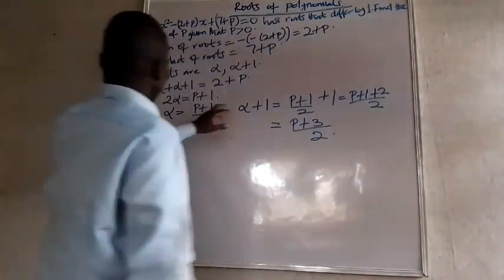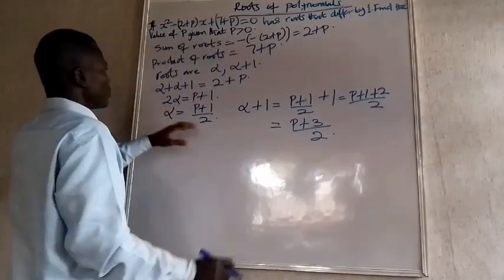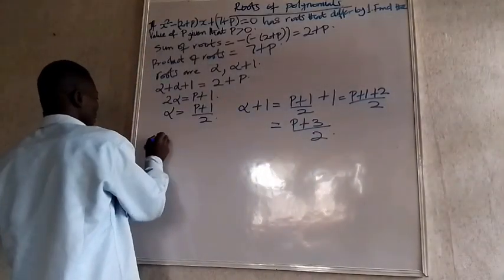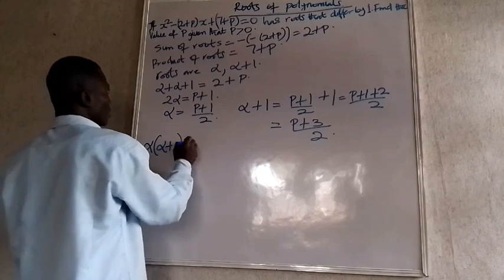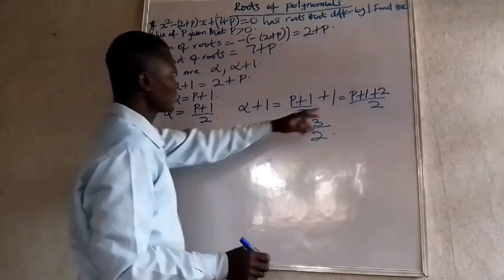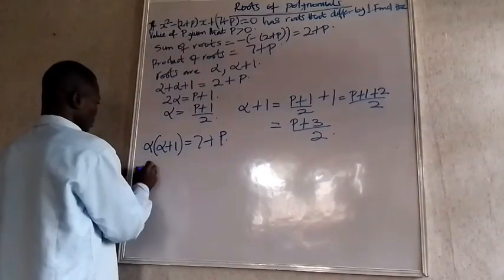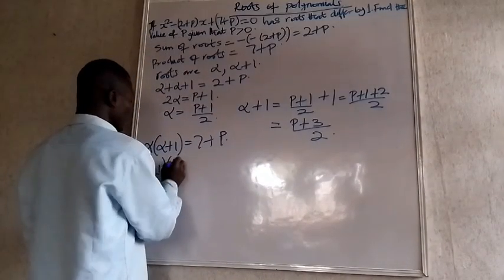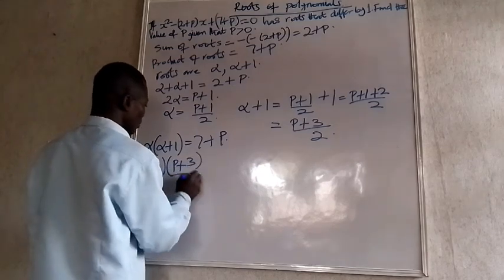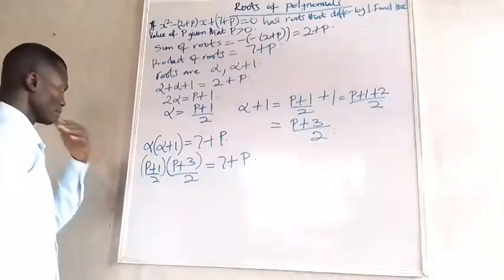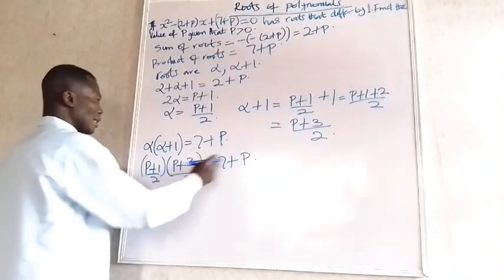So from this, we can now substitute this into the product. Alpha into alpha plus 1 is equal to 7 plus p. And that means alpha is p plus 1 over 2, alpha plus 1 is p plus 3 over 2. We are told that it's equal to 7 plus p. So we can now multiply.